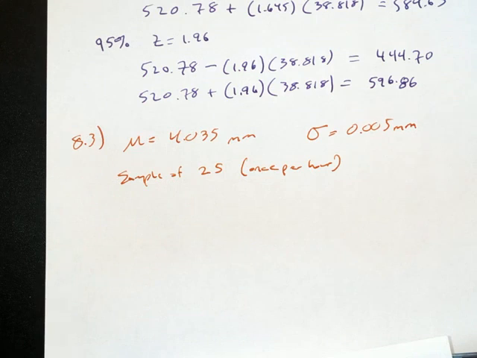Page 281. I turn around and I ask you, go through the questions here. What can you tell me about 95% of the numbers you see for the diameters you get?